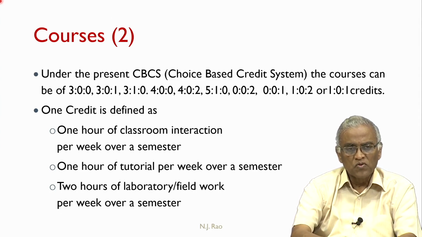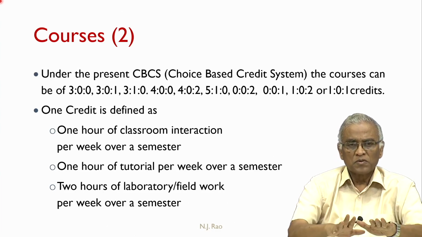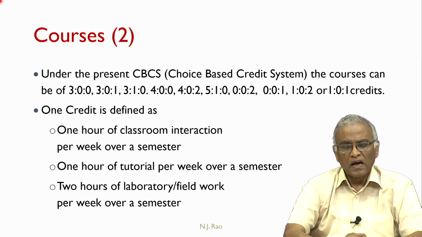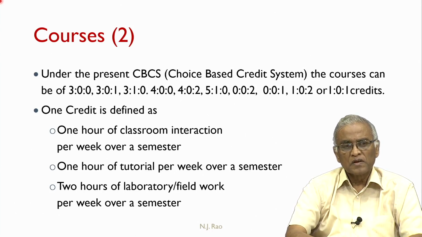So, one should move towards this credit definition; there is no particular choice about it. It is universal throughout the world and it was adopted by UGC quite some time back. The number of classroom hours of interaction will also decide the amount of content that you are dealing with.